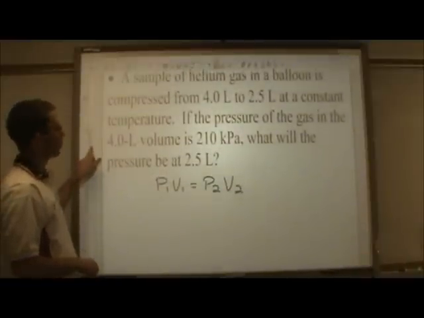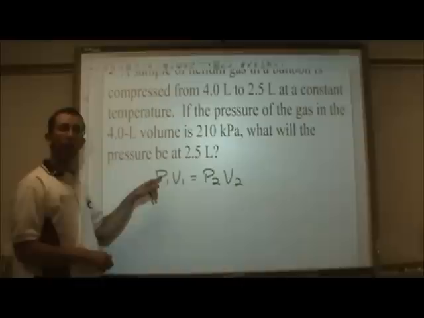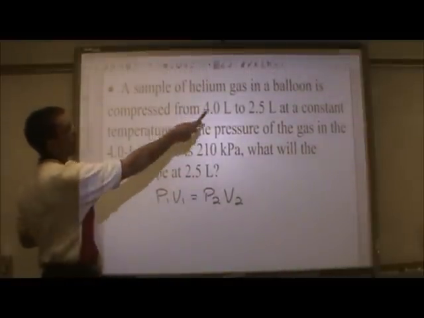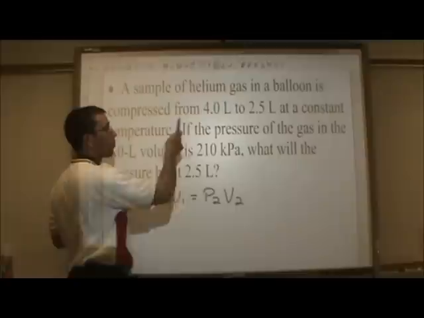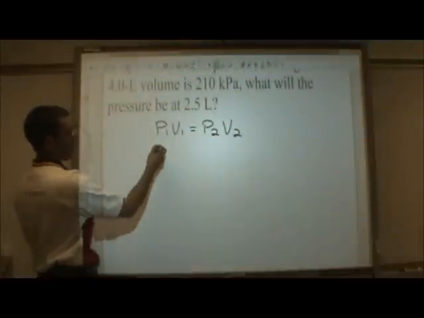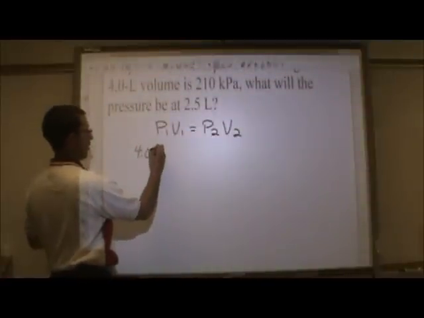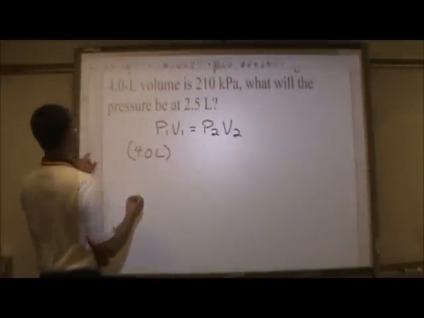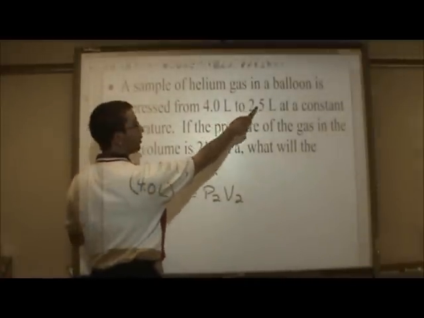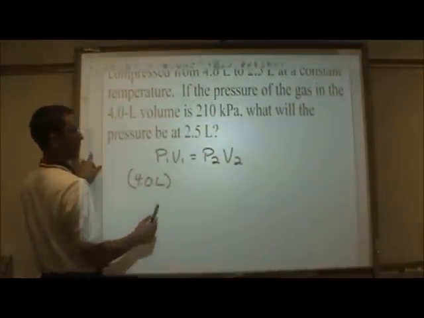Okay, let's start assigning. The 1s and the 2s, remember, the 1s are the beginning. So what are we starting with? A sample of helium gas in a balloon is compressed from 4.0, so we must be starting at 4.0 liters. So V1 is 4.0 liters. It goes to 2.5 liters.